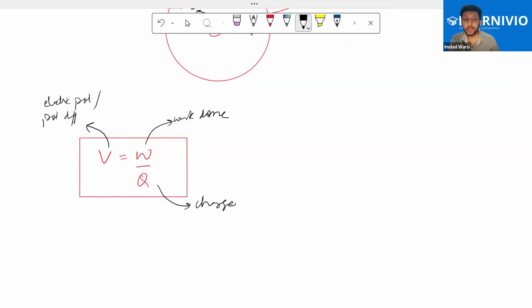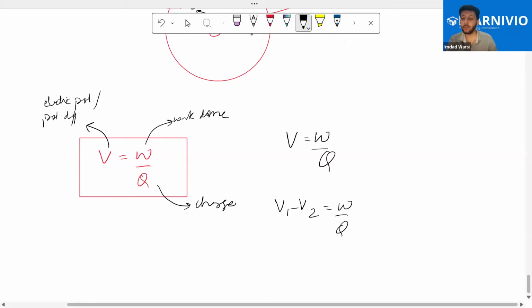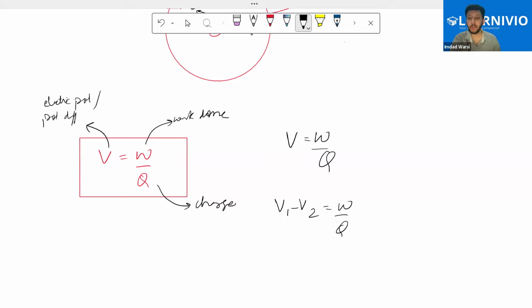When we talk about electric potential, we will say V is equal to W upon Q. When I talk about potential difference, what will I say? I'll say V1 minus V2 is equal to W by Q. Why? Because I'm talking about electric potential difference between two fixed points.